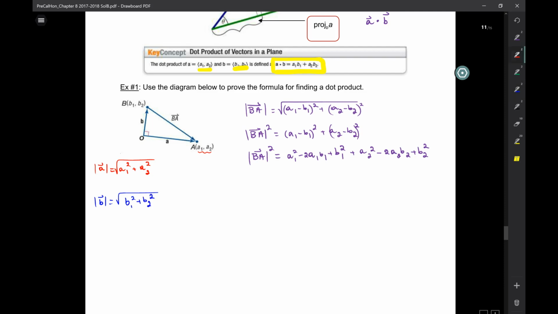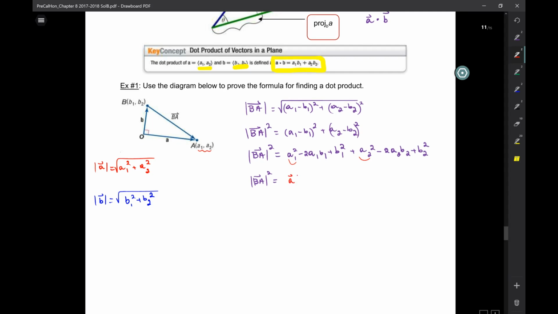So now let's go back and see what we have here. I have the magnitude of BA squared equal to, take a look at what I have here: A1 squared plus A2 squared. What is that? That's the magnitude of A squared, right? And then I have B1 squared and B2 squared. What is that? Magnitude of B squared. Now, what's the Pythagorean theorem tell us about these three?